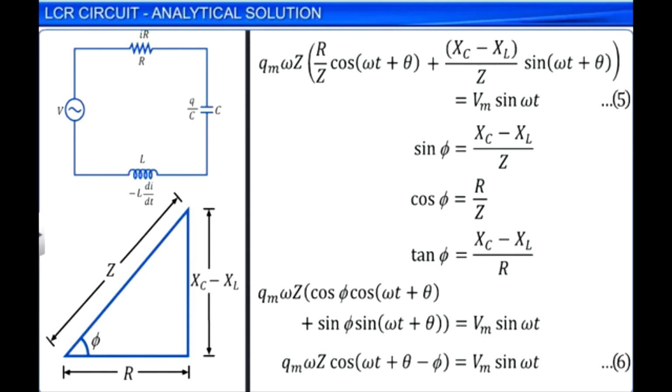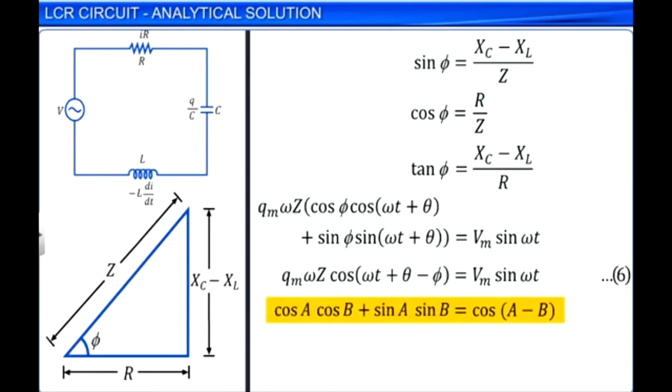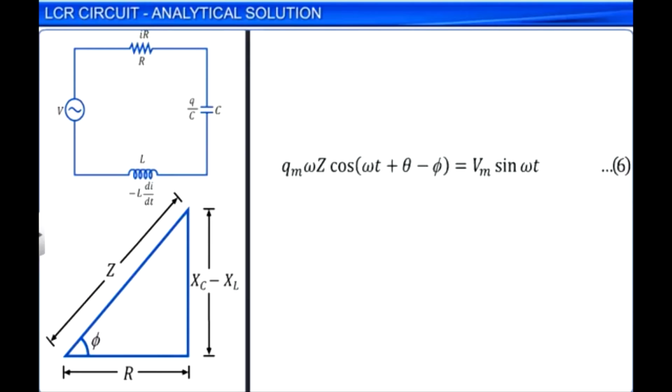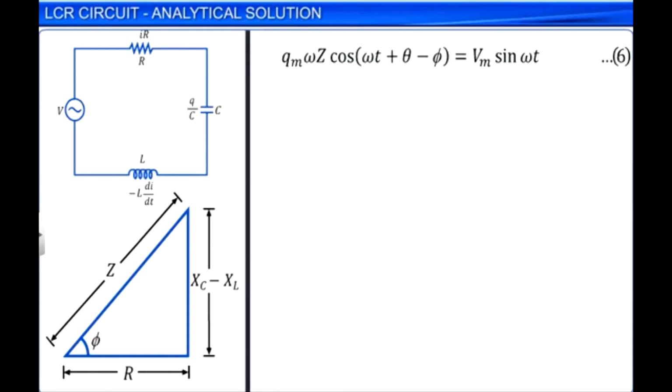Here, we have used the trigonometric identity cos A cos B plus sin A sin B equal to cos(A minus B). Comparing the values on both sides of equation 6, we get Vm equal to Qm ω Z, which is equal to Im Z. Therefore, maximum voltage in the LCR circuit, Vm, is equal to maximum current in the circuit, Im, into impedance of the circuit Z.